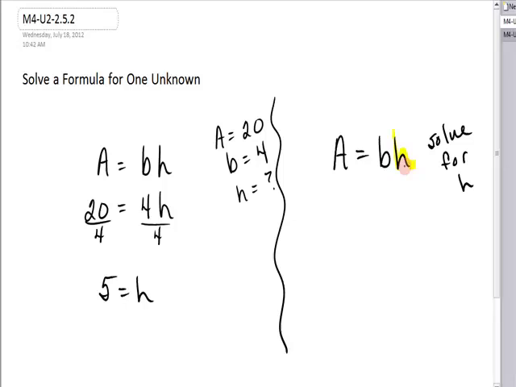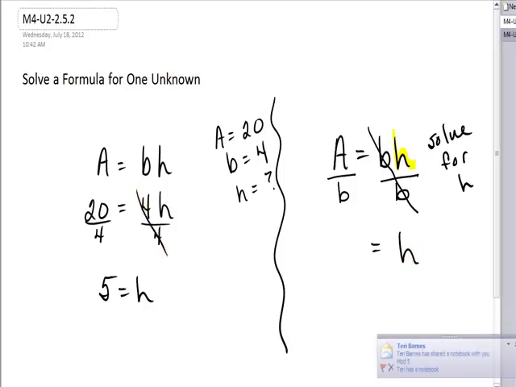If H is the unknown, what is B's relationship to it? It's not being added to it, it's being multiplied by it. It's the coefficient. So you would divide by B. You have to divide this side by B. All right, it does divide out, and we get H just like we did over here.